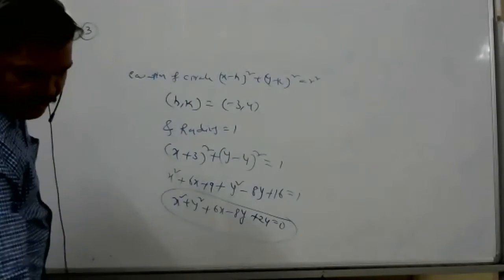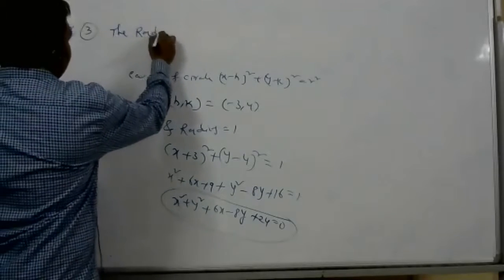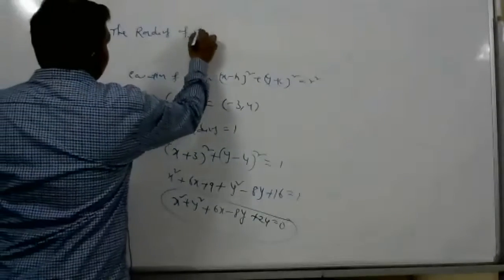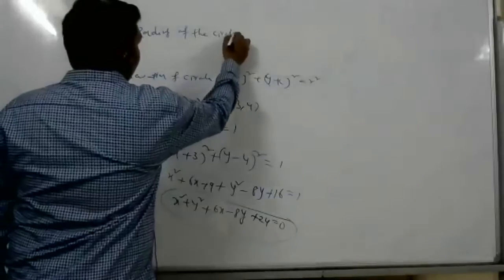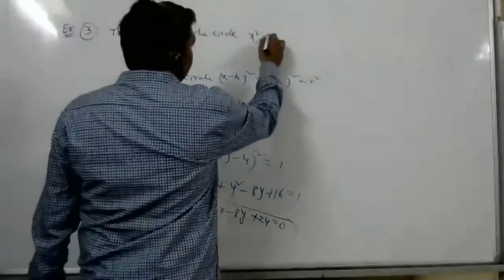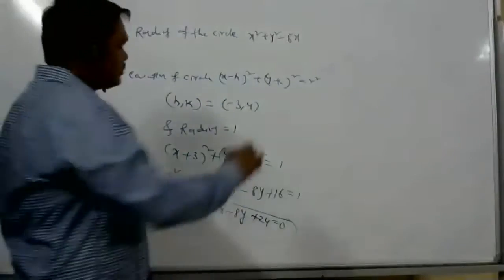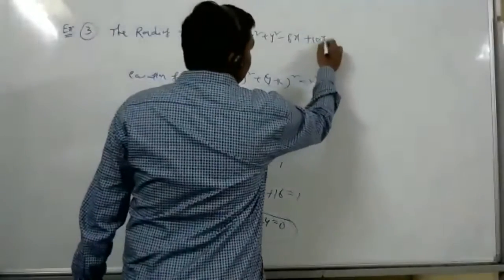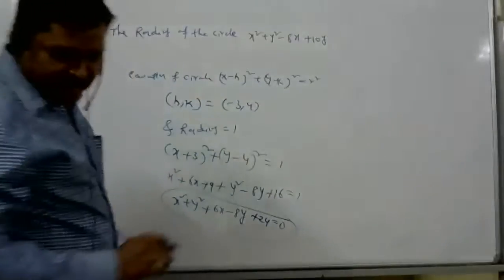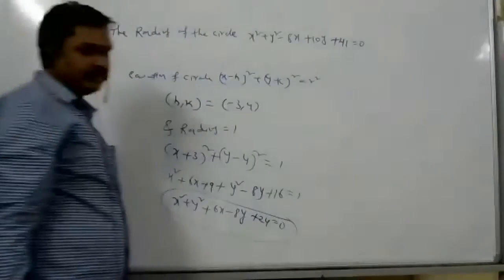Radius of the circle x square plus y square minus 8x plus 10y plus 41 is equal to 0.